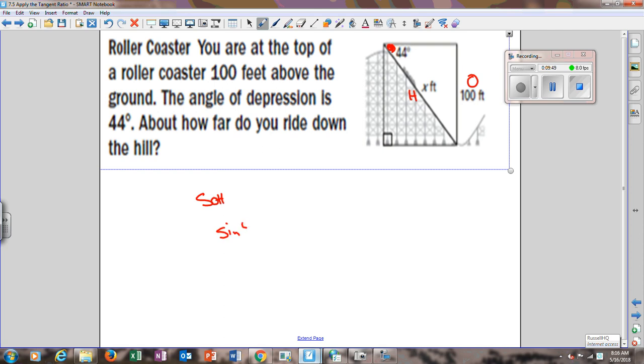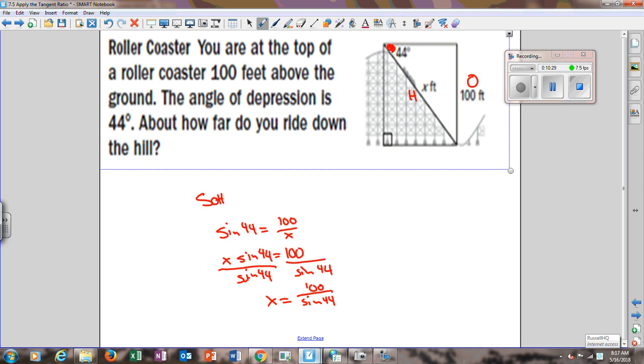Then sine of the angle, 44 degrees, is equal to the opposite, which is 100, over the hypotenuse, which is x. Now you have to get x on top, so you multiply through by x. X times sine of 44 equals 100. Now you got to get x by itself still, so you divide by sine 44. You get x equals 100 over sine 44.